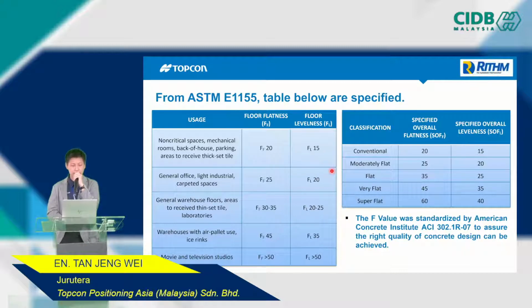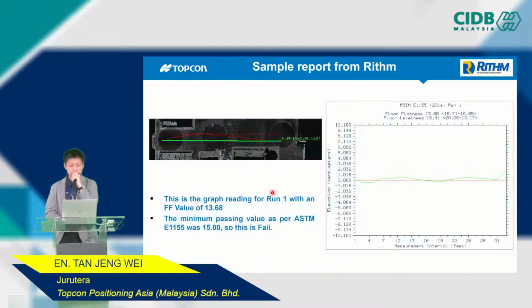And these are the specs that we follow. So, for example, this is the report that we can generate. Normally, ASTM E1155, this kind of analysis is more for a super flat floor, super flat slab.